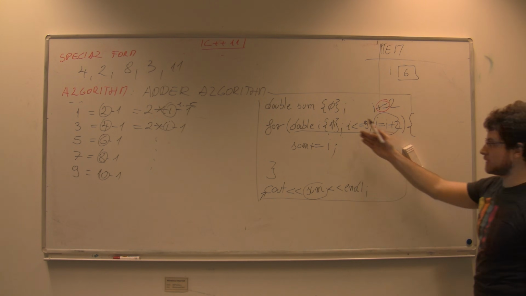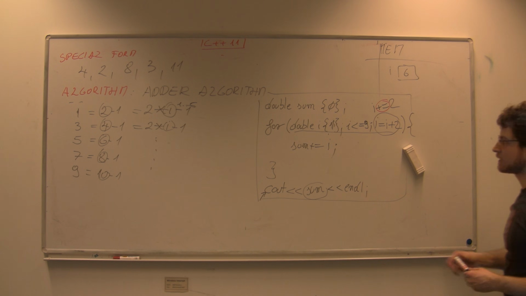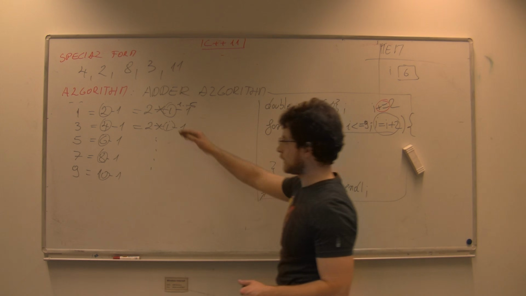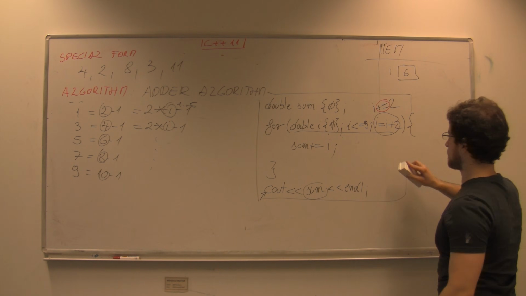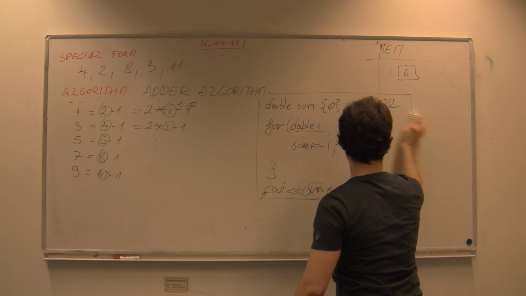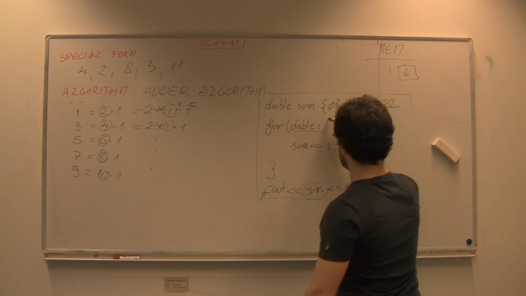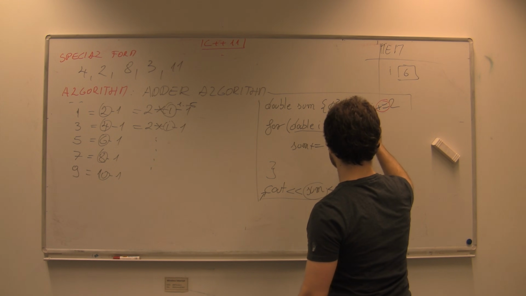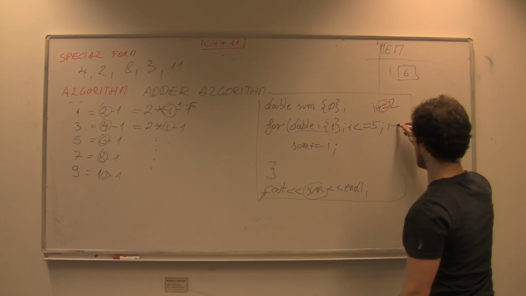Because when we observe this text here, it's not immediately obvious that this will repeat for 5 times. So we will make it obvious by rewriting in this way, by using this insight. So I will now iterate from 1 to 5, and it will increment by 1 at each step.